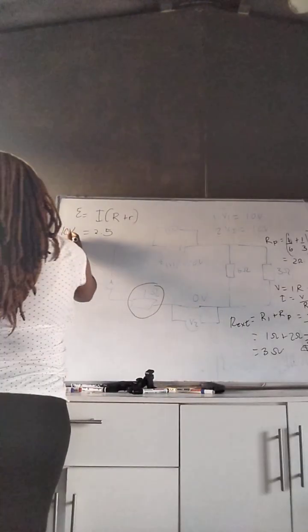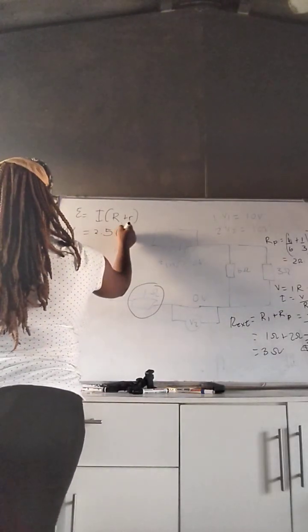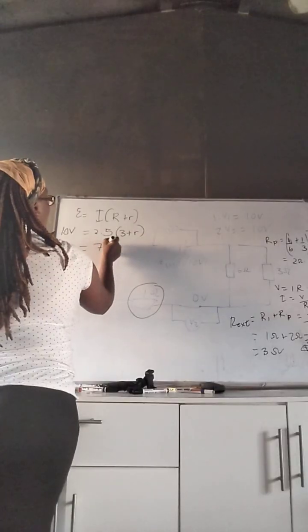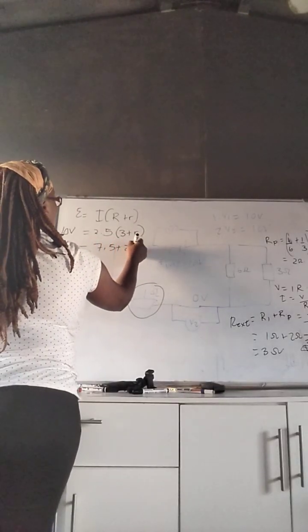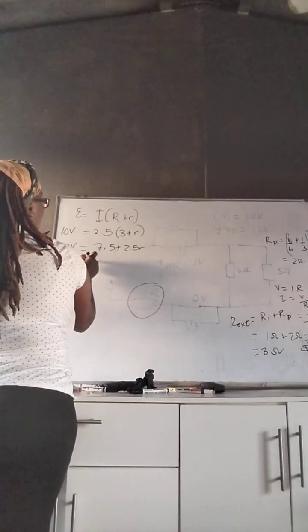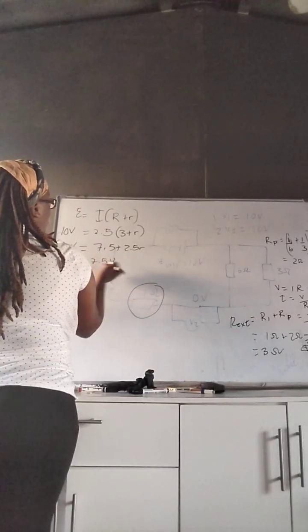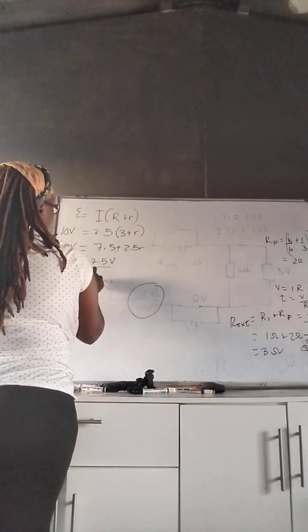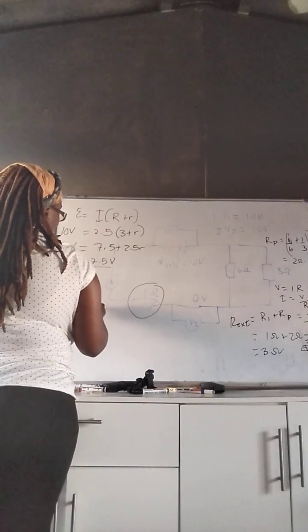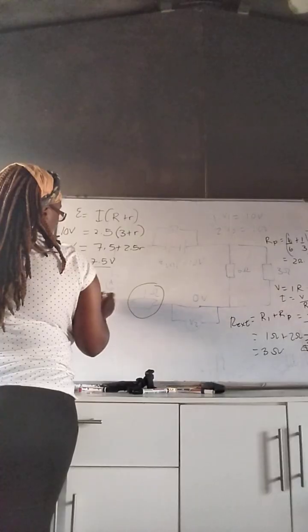So the 10 volts is going to be 2.5 times 3 plus the small r. So 7.5 plus 2.5r is equal to 10 volts. So now you're going to say 10 volts minus 7.5 volts divided by 2.5. So 2.5 volts divided by 2.5. You now get your r.